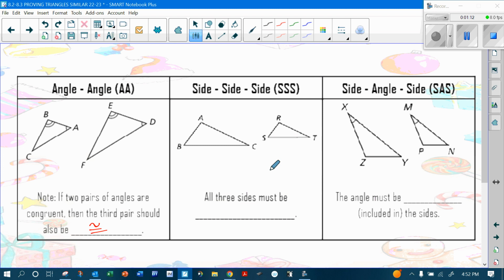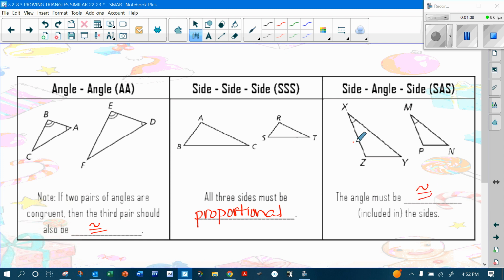Side, side, side. All three sides must be proportional. So that means when you compare them to each other, they should all be the same proportion. And I will show you what that looks like. Side angle side is exactly what it looks like. The angle must be congruent and included in the sides.